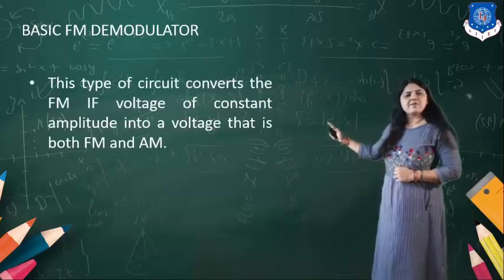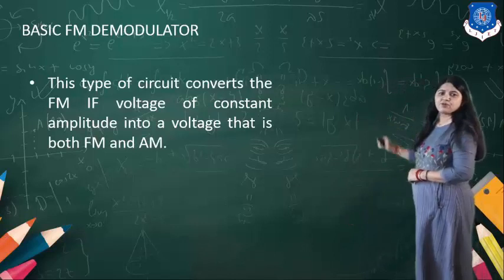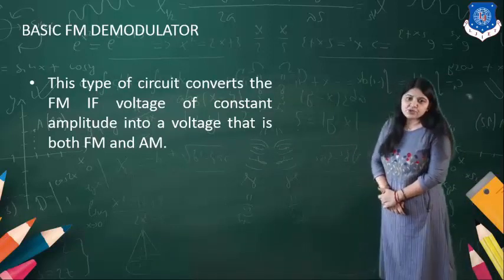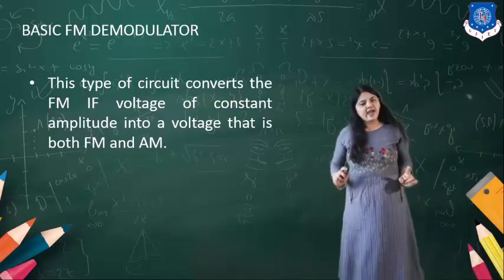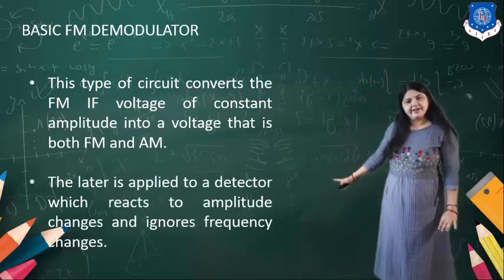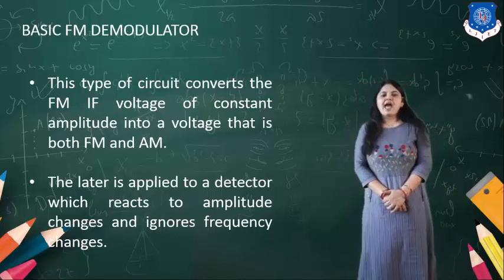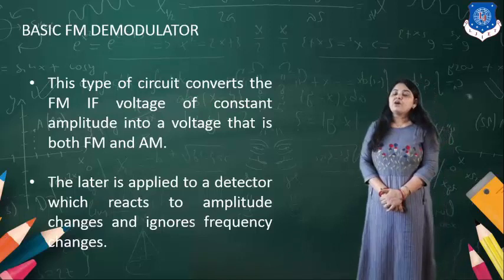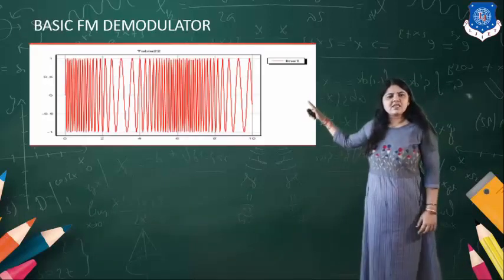So this type of circuit converts the FM-IF voltage of constant amplitude into a voltage that is both FM and AM. Later it is applied to the detector, which reacts to amplitude changes and ignores the frequency changes. So this is the diagram.